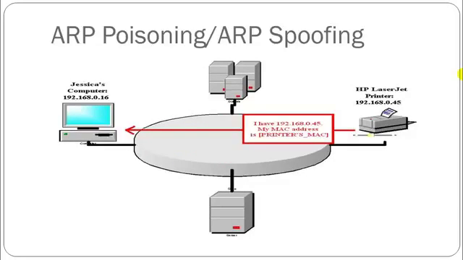The printer recognizes its own IP in the request and sends an ARP reply: "Hey, this is my IP address and here is my MAC address," as you can see in this diagram. So now Jessica's computer knows the printer's MAC address. It sends the print job to the device, and it also associates the printer's MAC address with the printer's IP address of 192.168.0.45 in its ARP table.